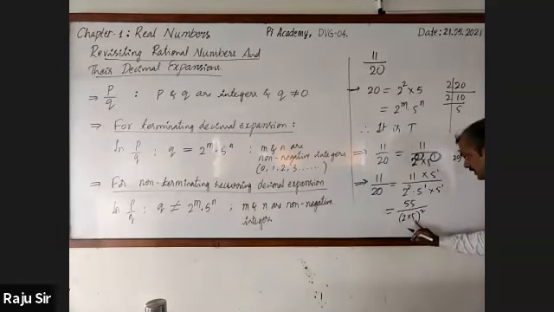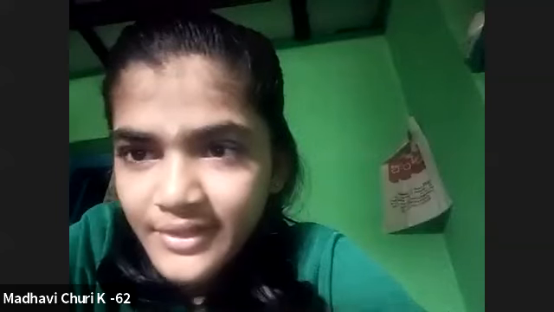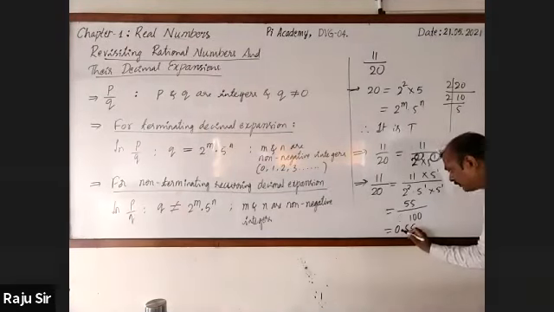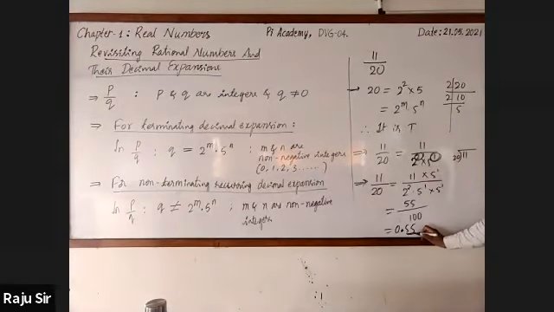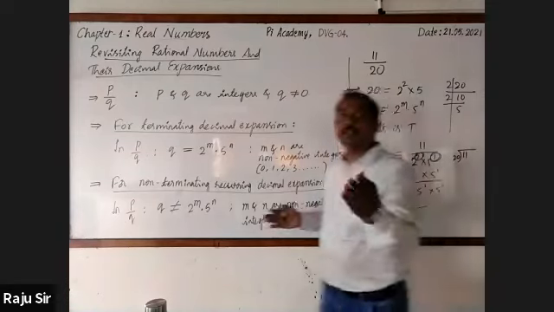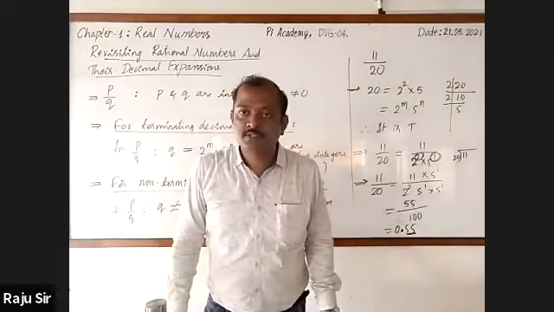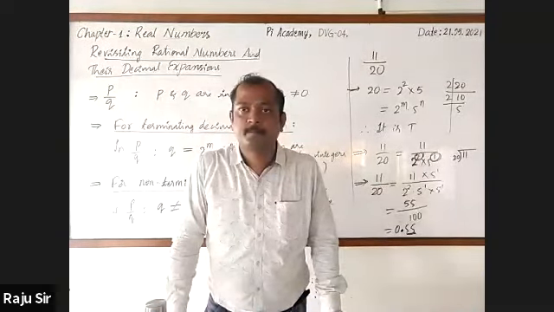What is 2 fives? 10, sir. 10 square is 100. Now it is 55 by 100. That is 0.55. After the decimal, we have 2 digits. Hence, we can say that it terminates after 2 decimal places. Understood? Yes, sir.